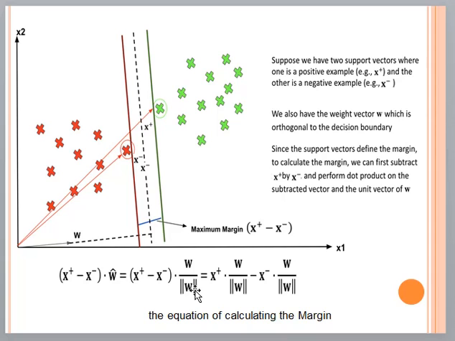And we know from the distributive property of vectors that we can write this term as x plus dot w divided by w magnitude, minus x minus dot w divided by w magnitude. So we have derived an equation here which can be used to calculate the margin between the vectors.